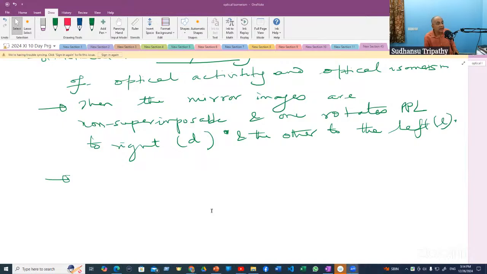Now tell me, what are the factors responsible to make a molecule dissymmetric? Rudra, this is pathetic. We have written together, you have also written. I can give you a hint: absence of.